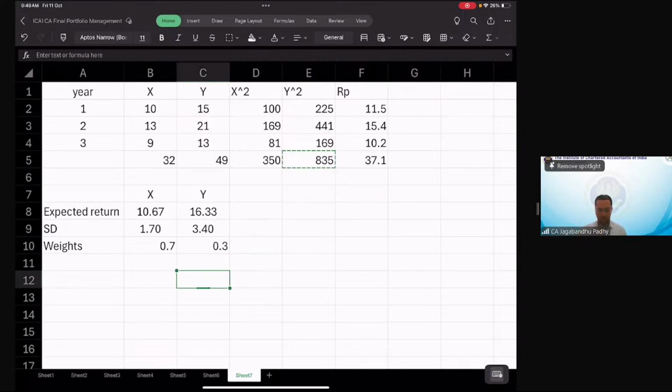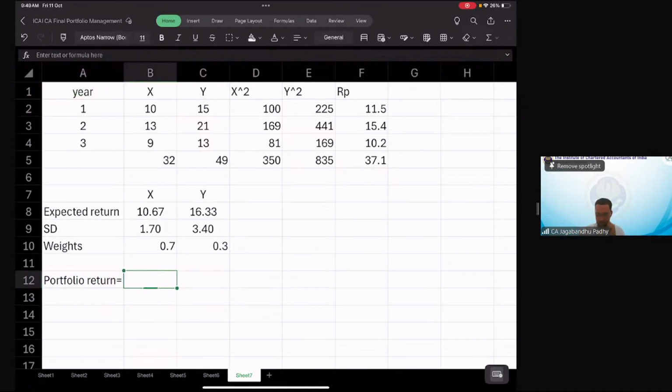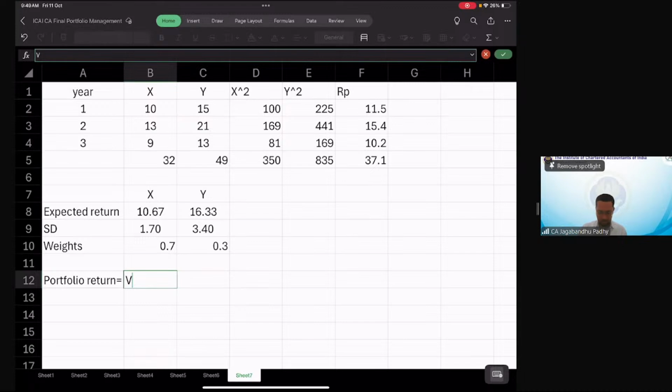And if I look for portfolio return, it will be the average of historical portfolio return, right?